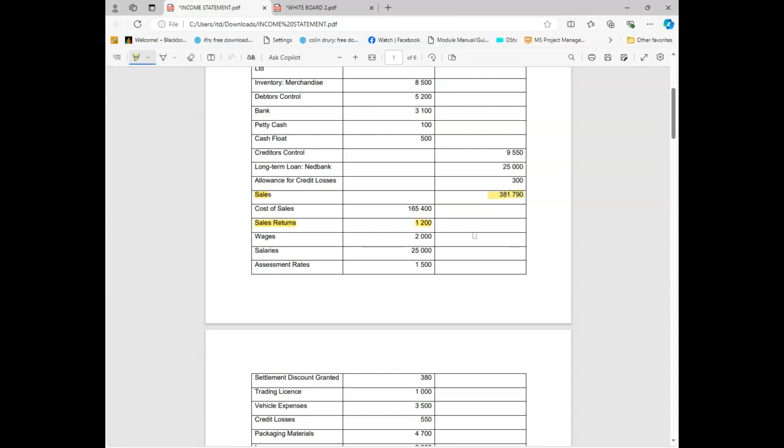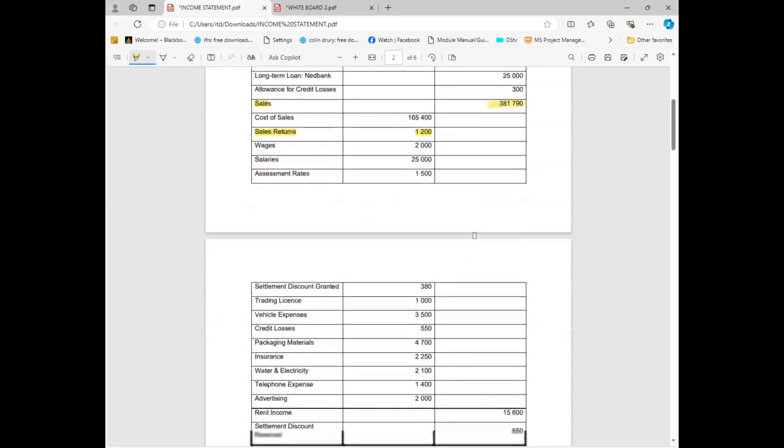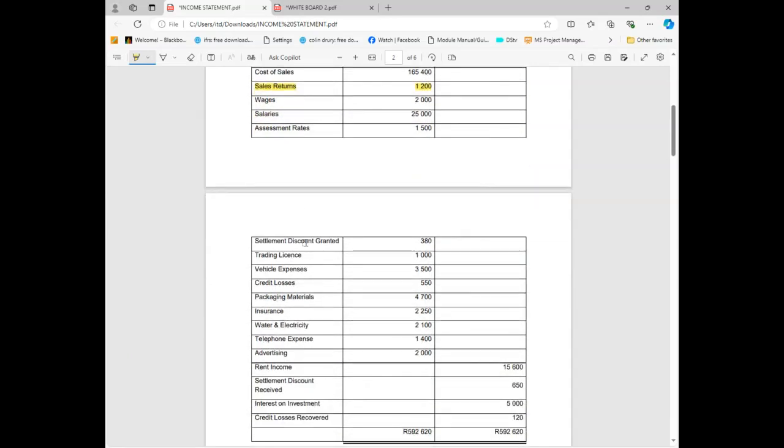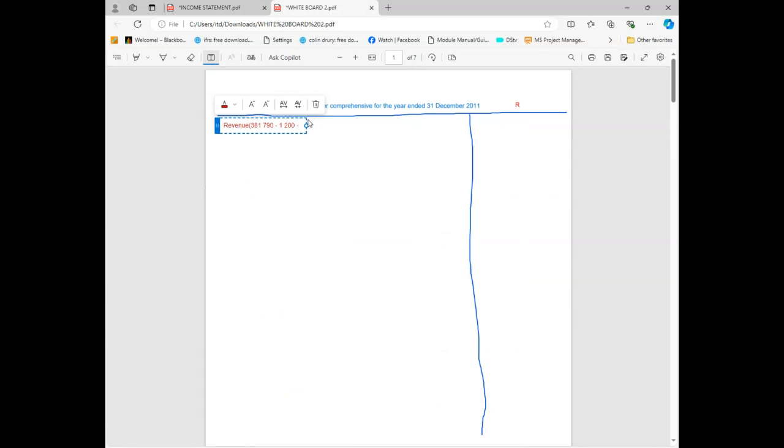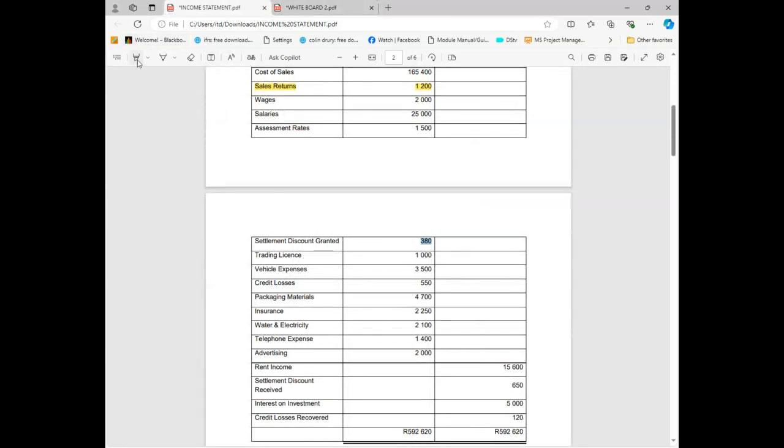And then settlement discount granted. We have got settlement discount granted here. I'm going to do the same thing here. And again, remember, we are going to minus it. Then let's highlight just to make sure this is the settlement.